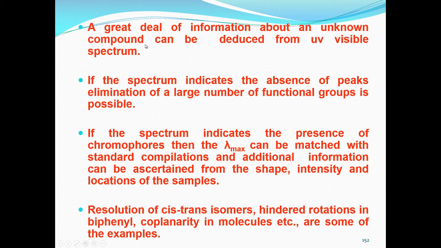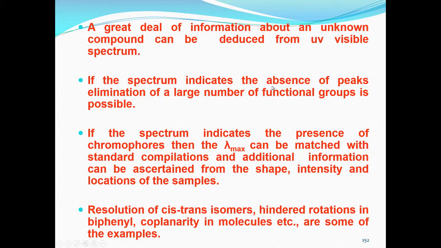So, we can draw information about UV visible. Absence of peaks eliminates a large number of functional groups. Suppose you see very few peaks, then you can say that there are not many functional groups in this compound. If there are peaks, let us say between 180 and 300, if you see a number of peaks, you can say it could be an aromatic structure or it may not be an aromatic structure.